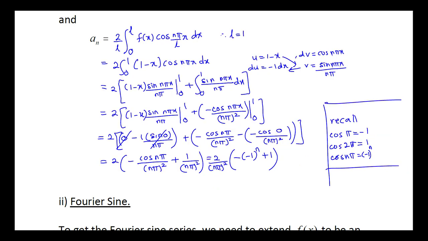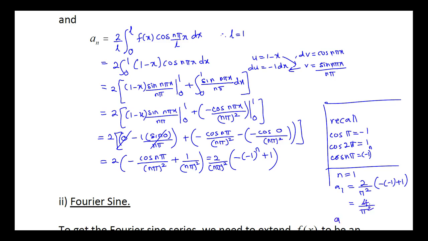So if n equal to 1, we will get a1 equal to 2 over pi square, and then negative 1 plus 1. So we will get 4 over pi square.